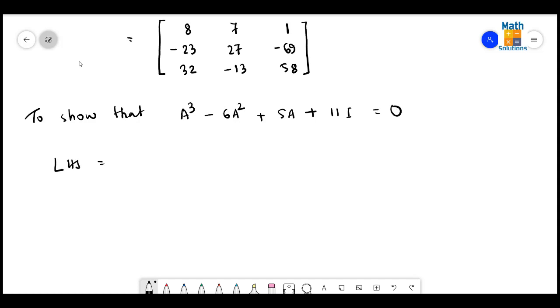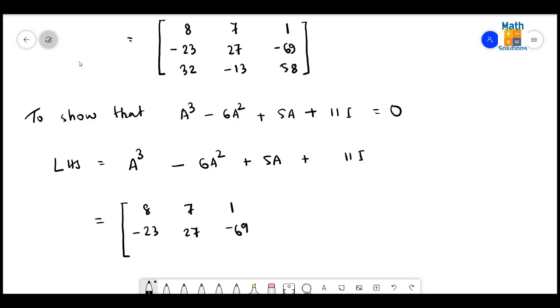Starting with the LHS, A cube minus 6A square plus 5A plus 11I. In place of A cube, whatever result we just got, we can place: 1, minus 23, 27, minus 69, 32, minus 13, 58, then minus 6. In place of A square I can put the result we got as 4 2 1.